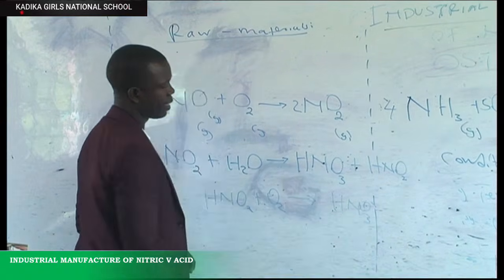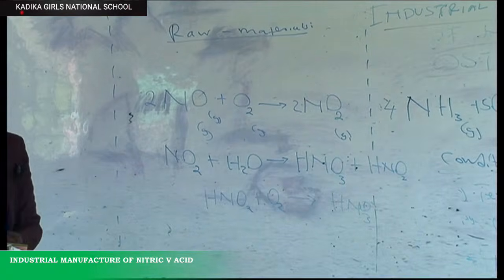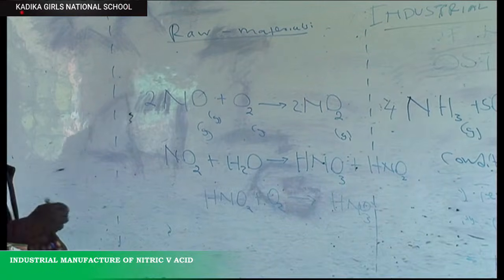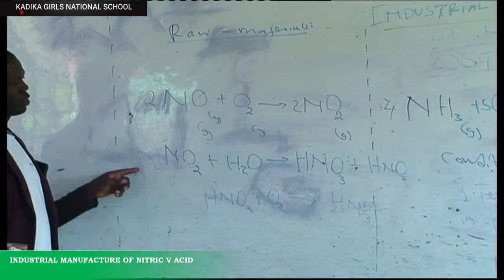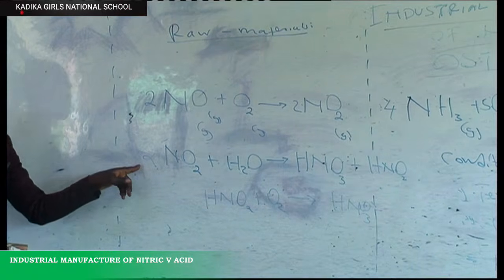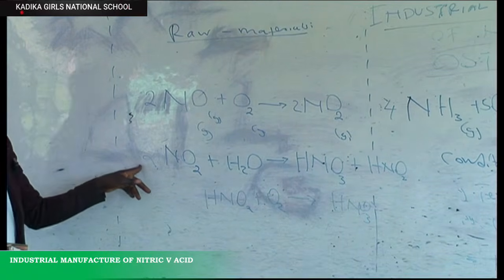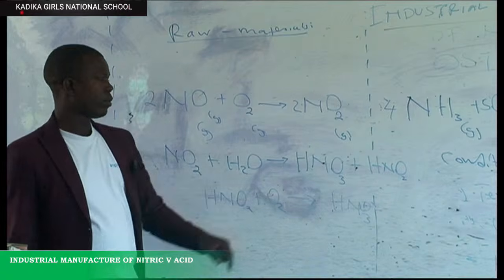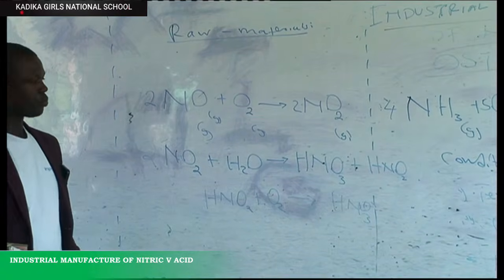Nitric 5 acid. And this equation is just balanced if you put 2 here to form nitric 5 acid.